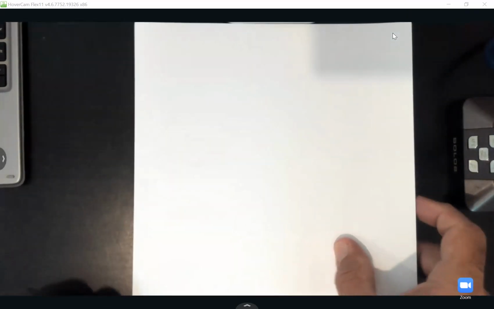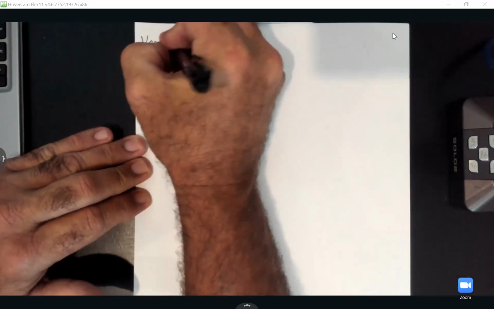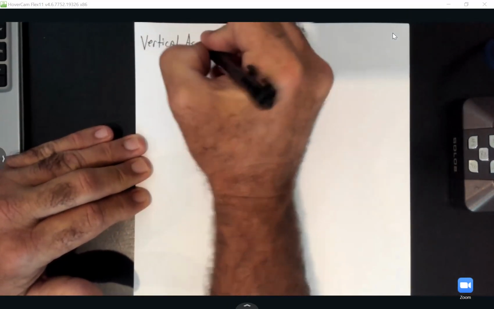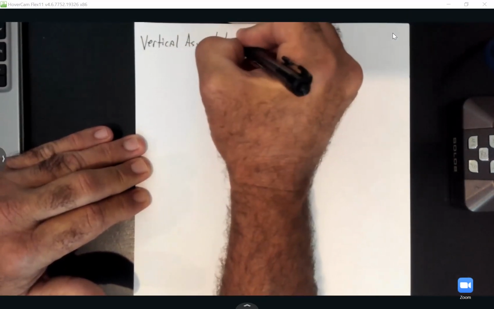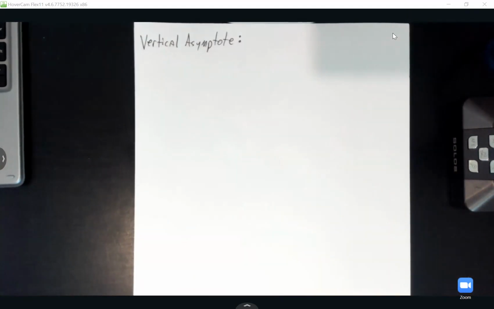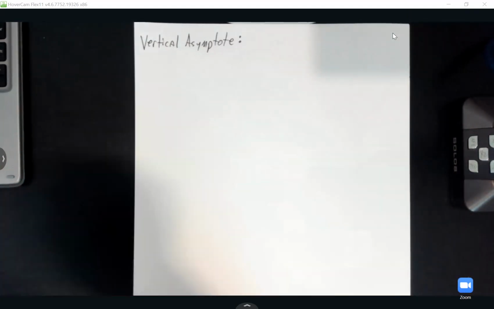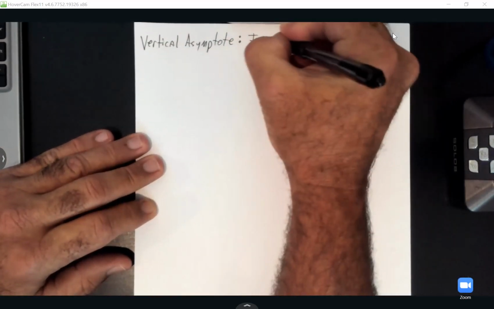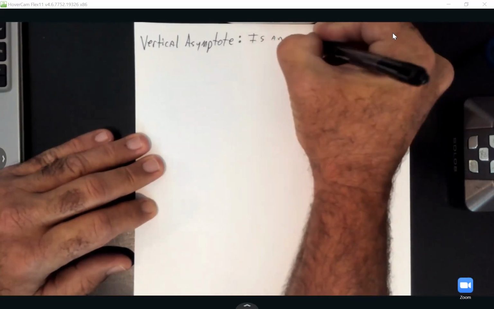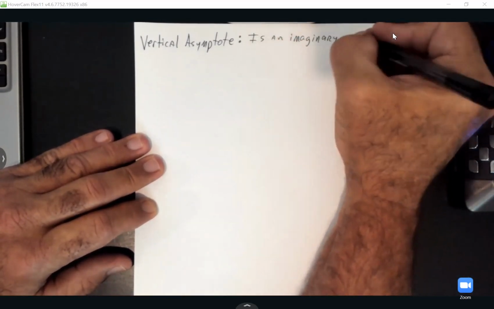All right, so the first definition of the day is a vertical asymptote. So a vertical asymptote, y'all, is an imaginary dotted line.